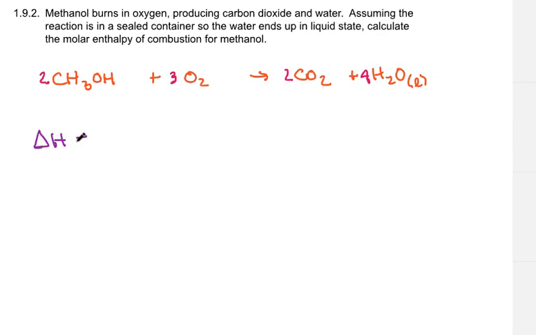Delta H equals products minus reactants, or right side minus left side. 2CO2 plus 4H2O. Water's listed twice in the book, so make sure you note that it's liquid.